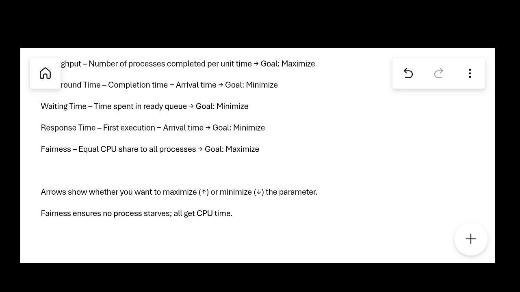So basically, think of the CPU as a worker. If the worker is idle most of the time, your factory isn't efficient. CPU utilization tells us how busy our CPU is doing real work.